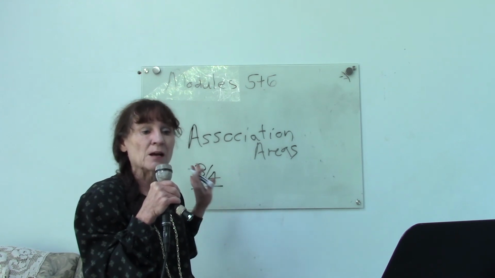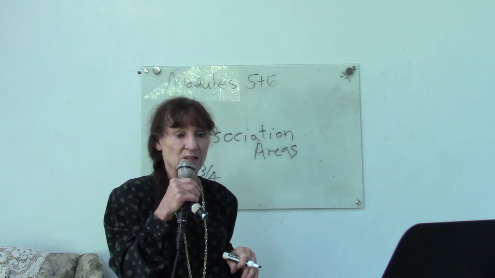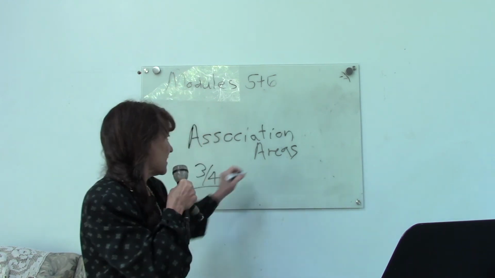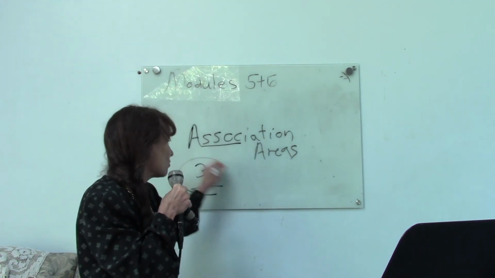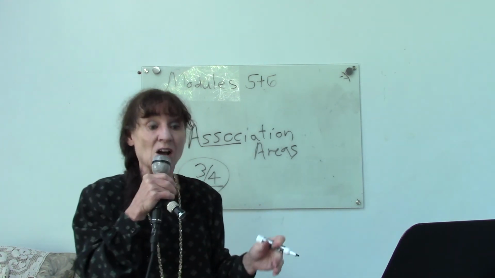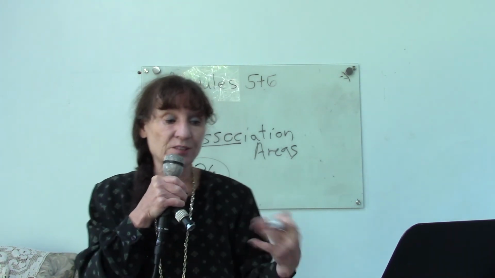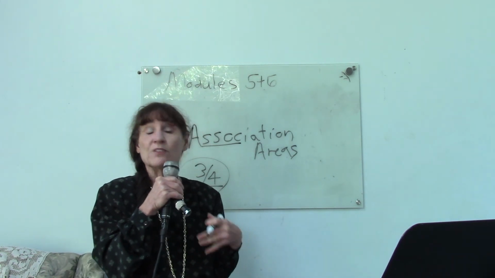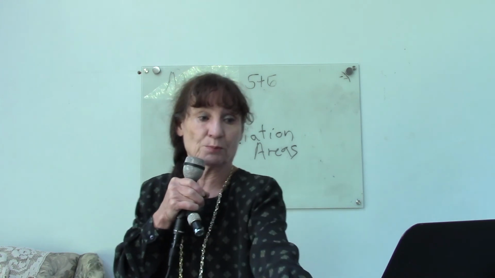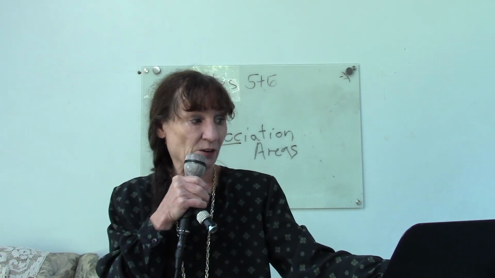So they're about 3/4 of the cerebral cortex that contain these neurons. What the association areas do is integrate all this information. So association areas are very important. They also integrate information with memories that are stored. These kinds of topics we'll pick up in another chapter, but I wanted you to be aware of that.